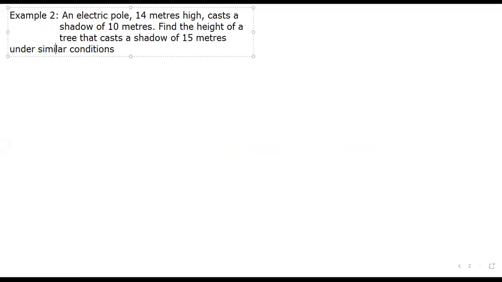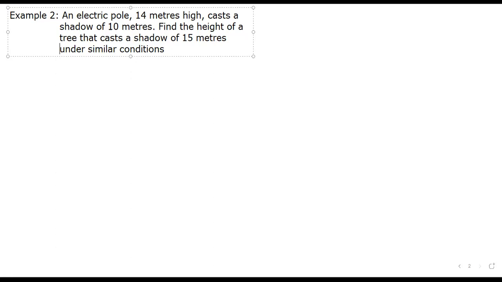At the same time, suppose there is a tall object. Will its shadow be more or less than a shorter object? More. So more the height, more the shadow, less the height, less the shadow. Yes or no? Yes, sir.